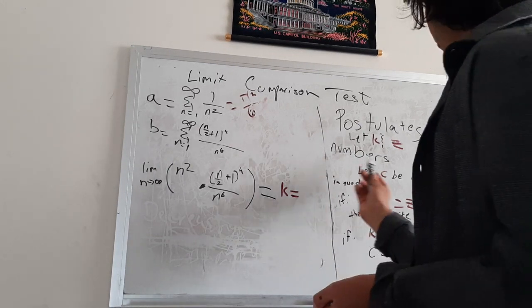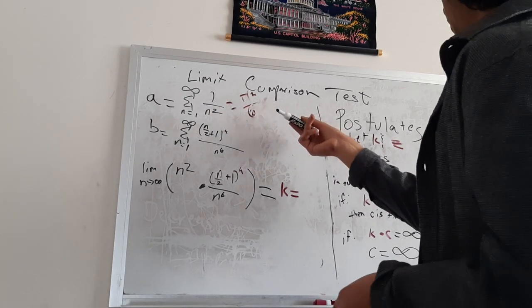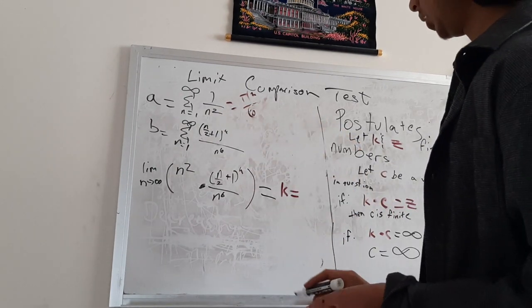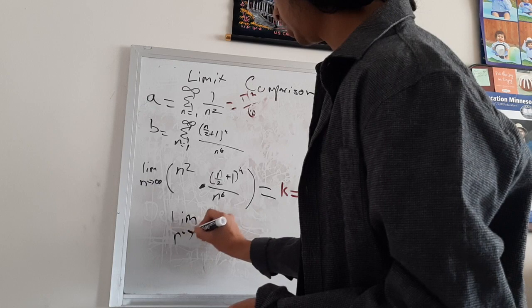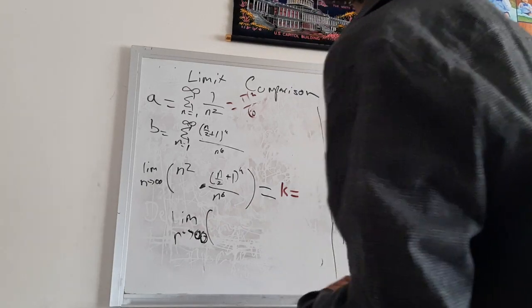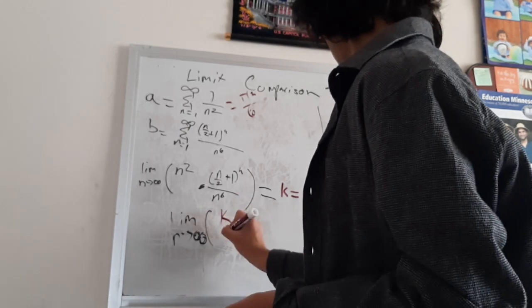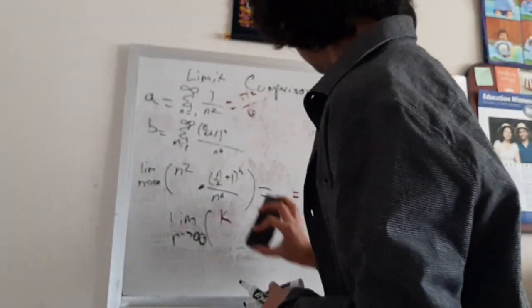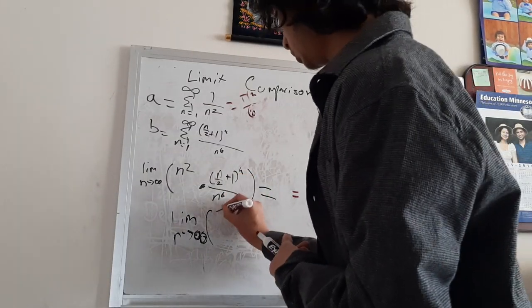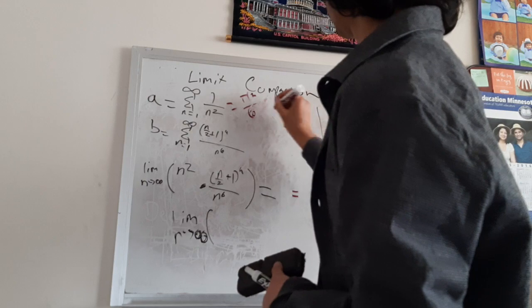But if we want to show this, if we take the limit as these two series approach infinity and divide them, what we're essentially doing is showing the limit as n approaches infinity of k over, or actually, let's just write them up here.